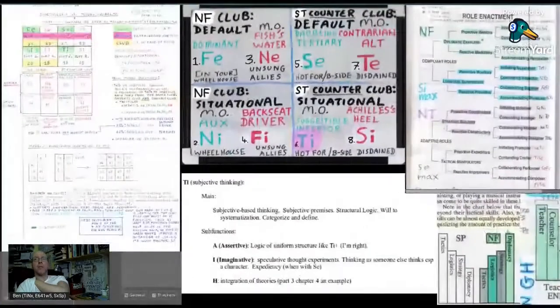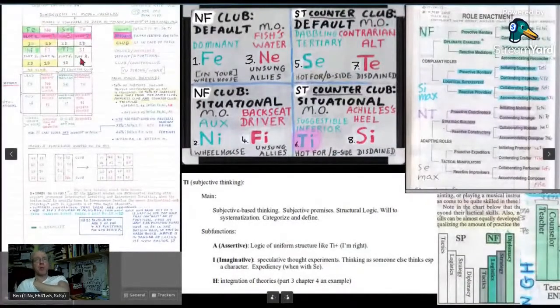In that we've got, this only ticks one box, valued, because it's a situational counterclub function. It's not default, it's not an extroverting function, and it's not an NF function. But it is valued. And that can actually go a long way, depending on how much someone values TI.